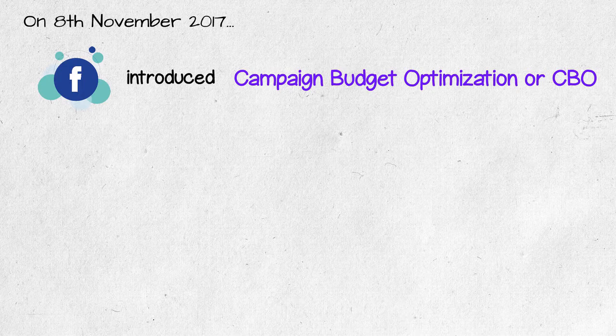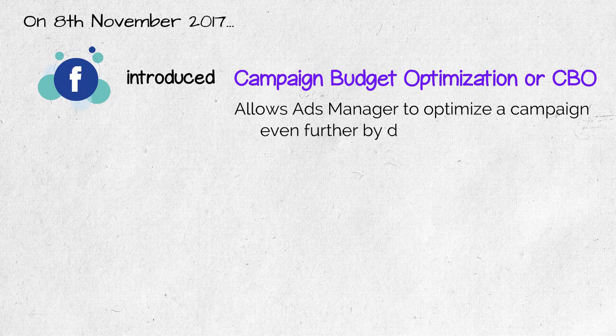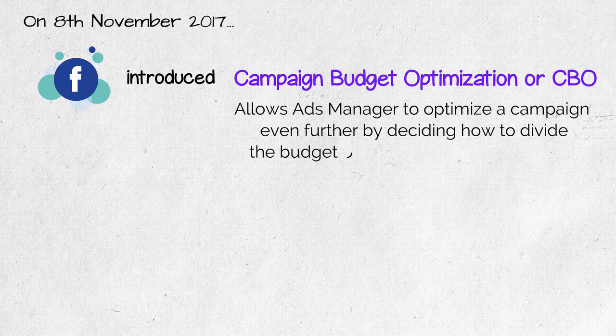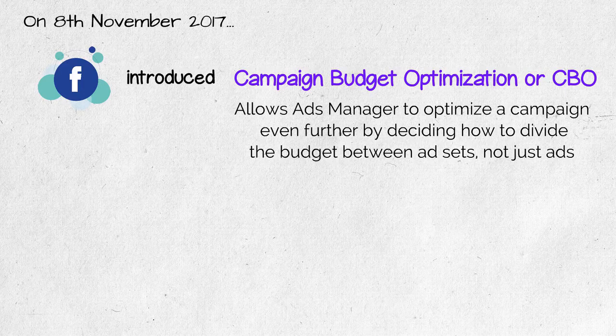On the 8th of November 2017, Facebook introduced the Campaign Budget Optimization, or the CBO, which allows Ads Manager to optimize a campaign even further by deciding how to divide the budget between ad sets, not just ads. Let's check the definition of CBO given by Facebook.